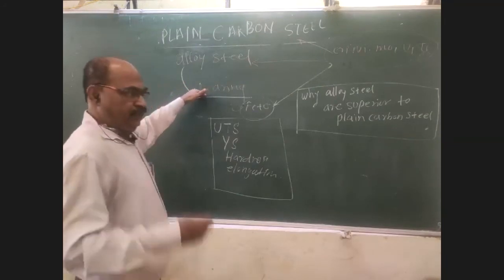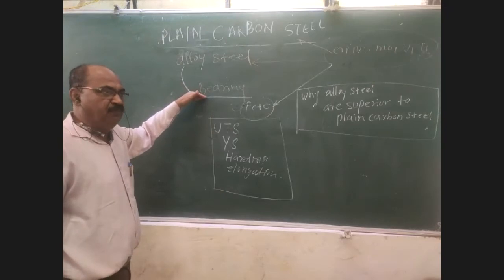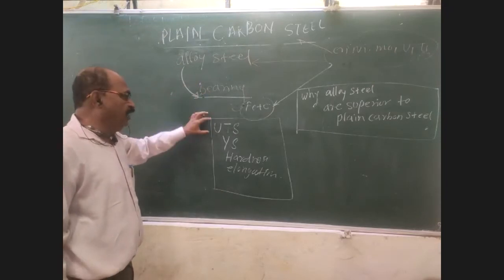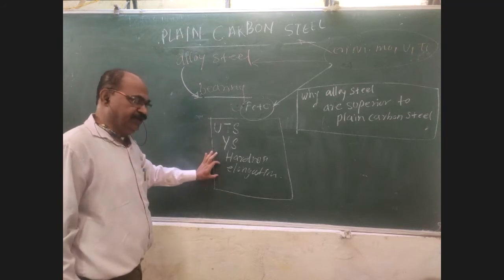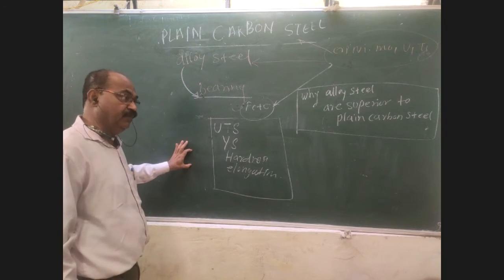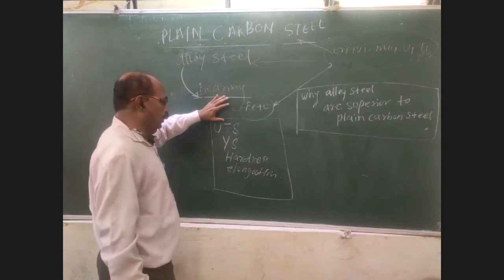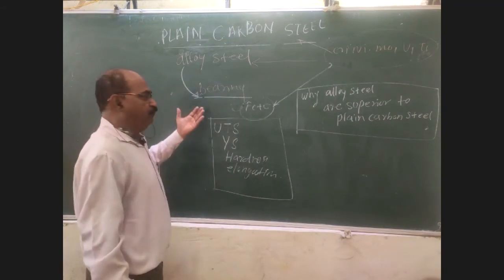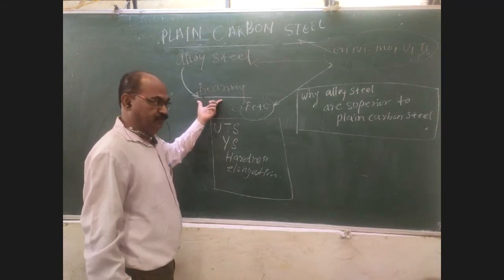In order to get reliability and durability of the bearing, what properties do we require? Ultimate tensile strength, yield, hardness, elongation, wear resistance, corrosion resistance. By adding these elements into steel, the properties we require for making the bearing will be higher.